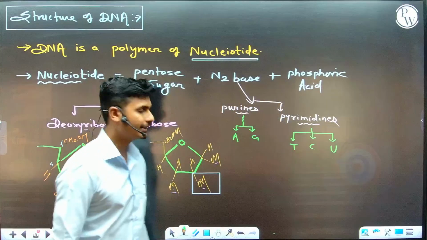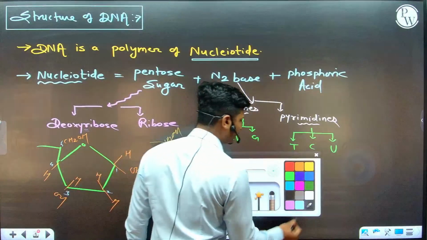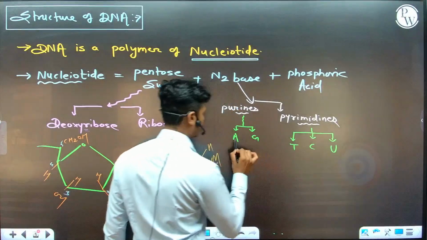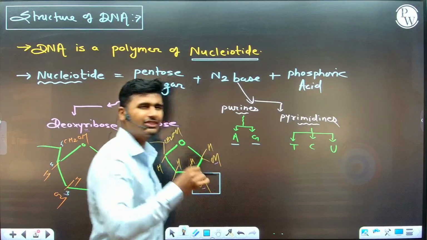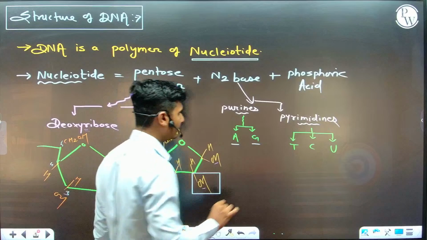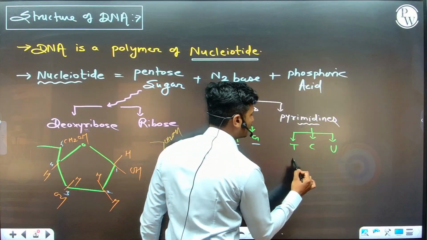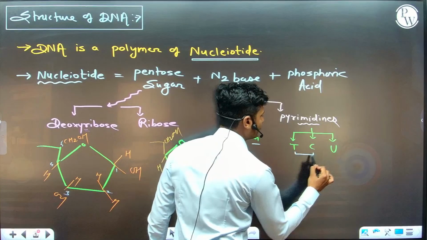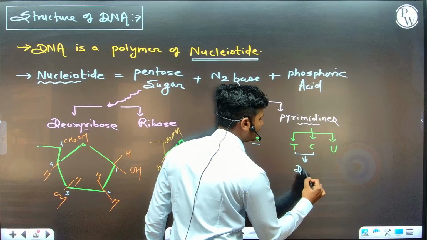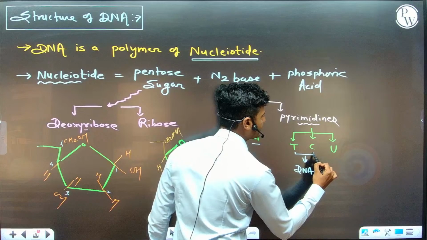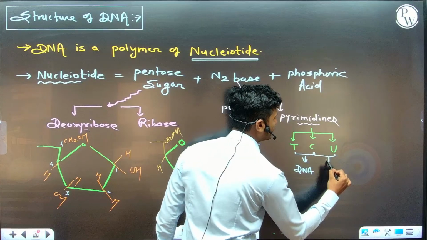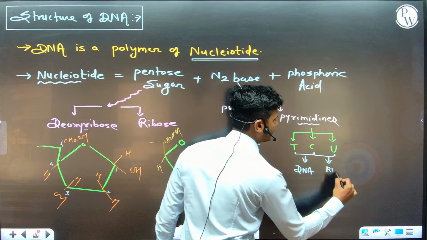the pyrimidines. When we talk about DNA, adenine and guanine, the purines, are common in DNA and RNA. But when we talk about the pyrimidines, T with C is present in DNA and C with U is present in RNA.